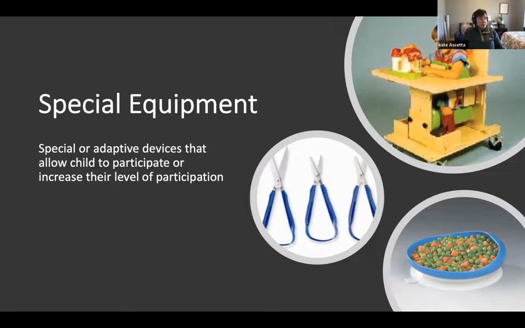What's some of the special equipment that you use in your classroom to help kids participate more fully? Oh yeah, voice output buttons. When I was a teacher, we called them jelly beans. Those big buttons. Light tables, yeah, for visual perception, absolutely, they really highlight and contrast things.